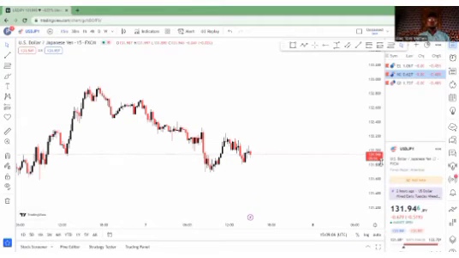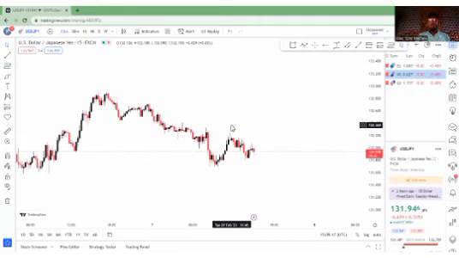But when it comes to pending orders, we have the buy stop. The buy stop means that you believe this market is a buy trade. You want to buy, but you don't want to buy at this current market price.